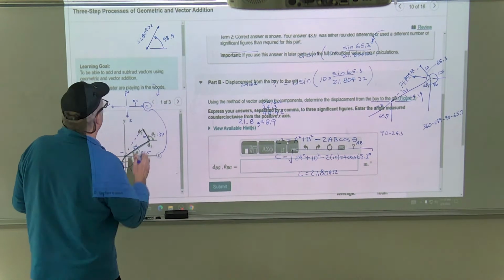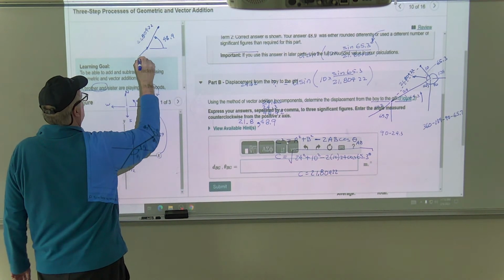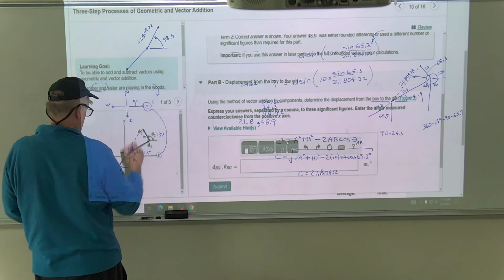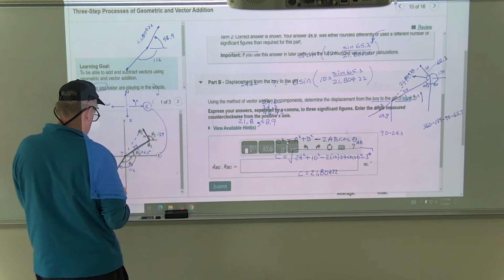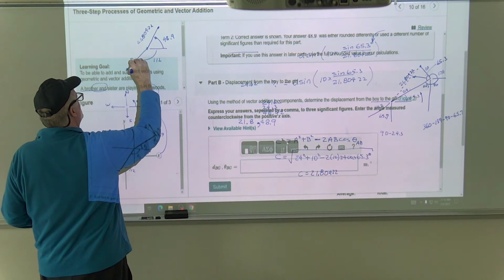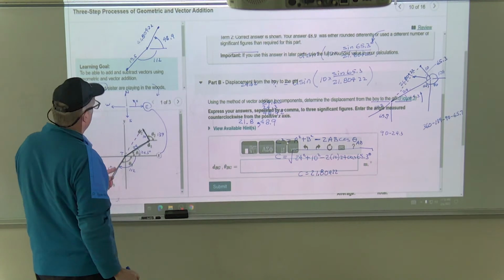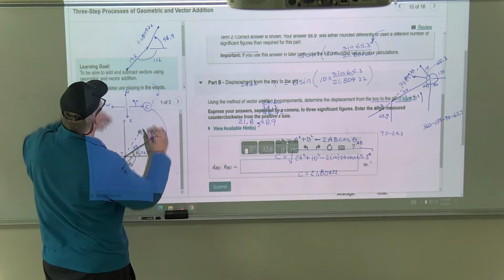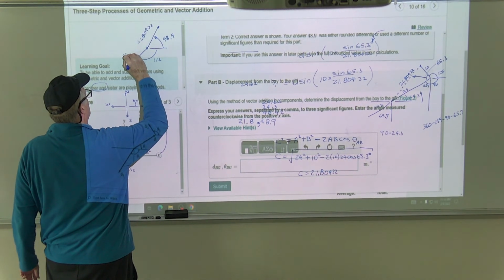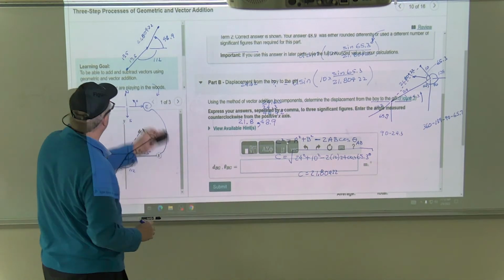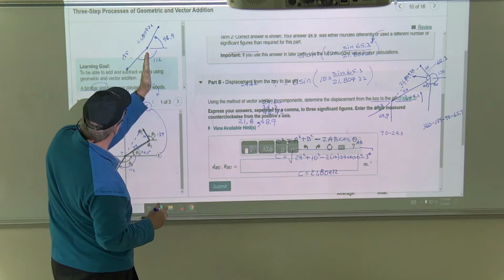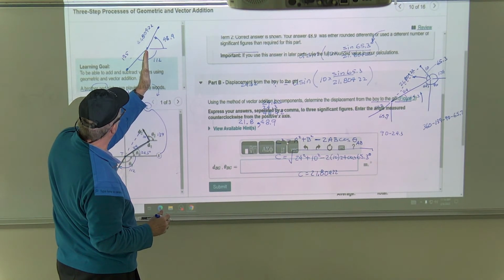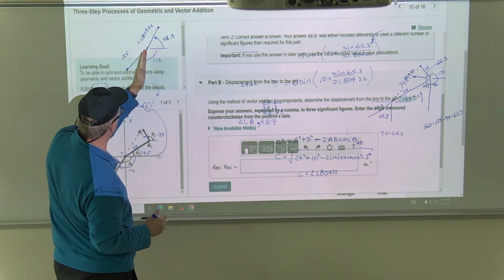The girl is still, and I'm not sure that I've got the angles right, but it's 112 and 17.5. Now, obviously I'm going to have to move this off. And I'm not sure whether this is up here or below here. Could be up here, it could be below there.